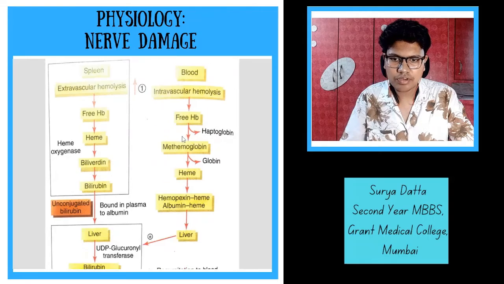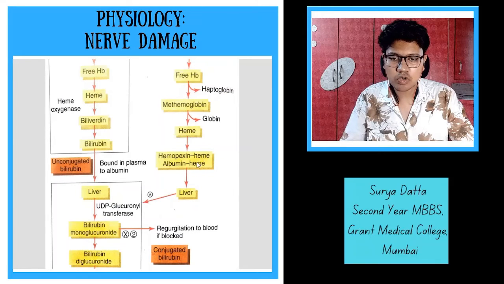Now this is a different pathway where intravascular hemolysis takes place. Intravascular hemolysis means blood inside the vessels is being hemolyzed. Hemolyzed means destruction of RBC. Now free hemoglobin is released, haptoglobin goes out, methemoglobin is formed. Now it splits into globin and heme.